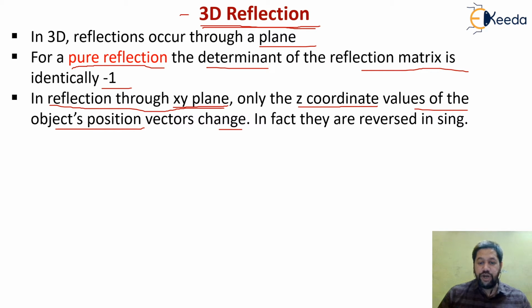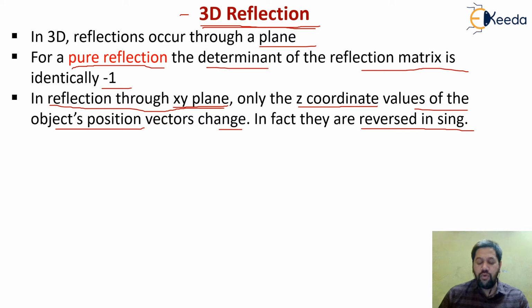In fact, the z coordinate values are reversed in sign. The sign will be changed to minus: if it is plus, it becomes minus, and if it is minus, it automatically becomes plus. So we are reversing the sign.